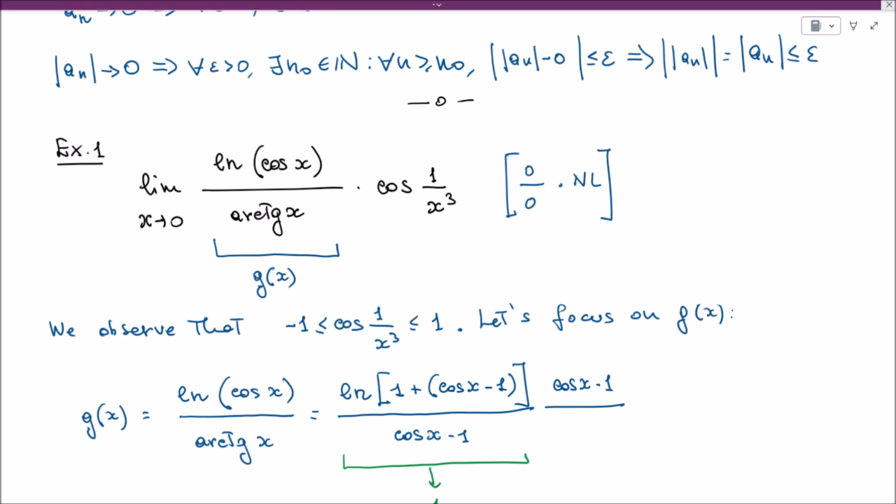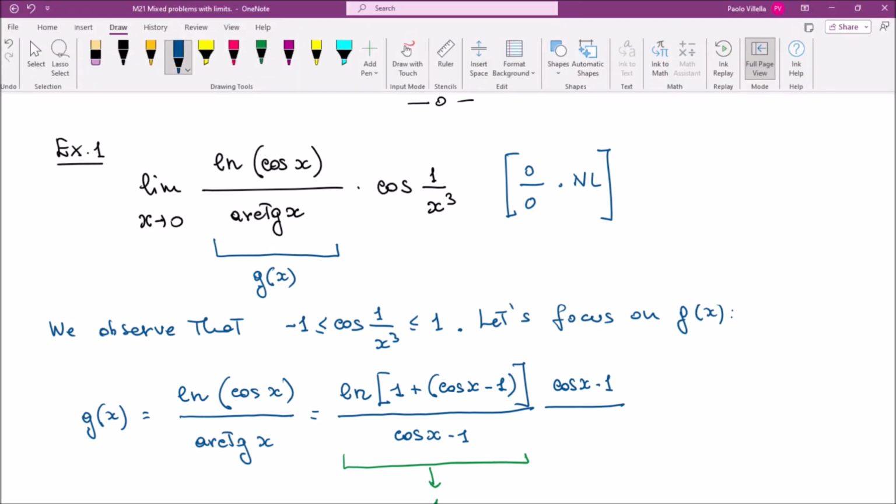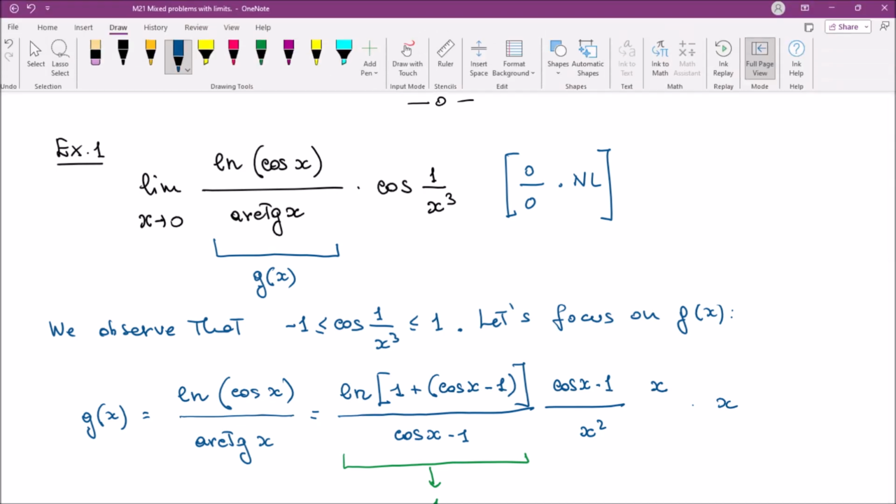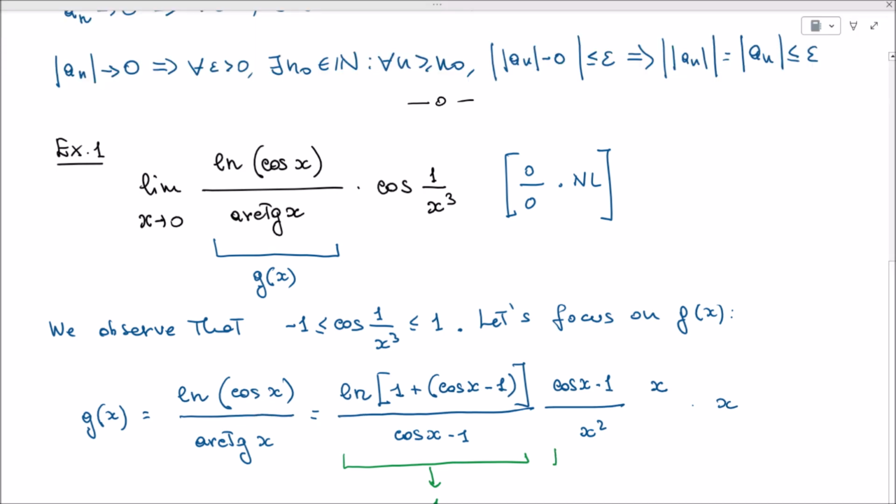And from the second term, we also see that if we divide by x squared, and we multiply by x and then again x, we have another term here, and we know that this will converge to minus 1 over 2.